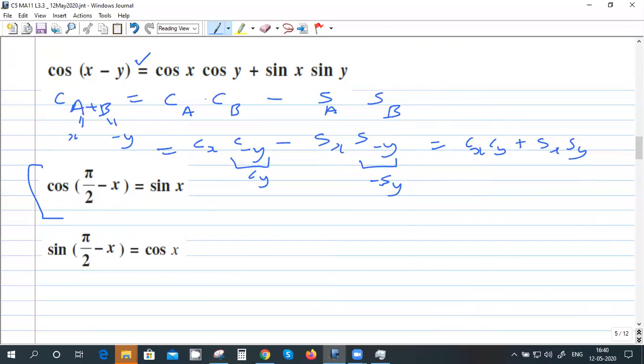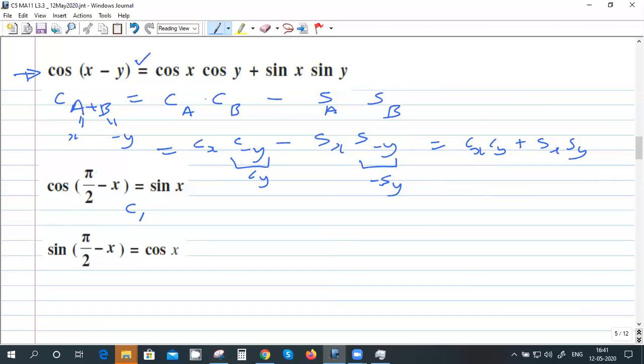Cos pi by 2. Use this one. Using this one, how do you get this one? But there's no pi in that one. So what you have to do is for x you put pi by 2 and for y you put x.